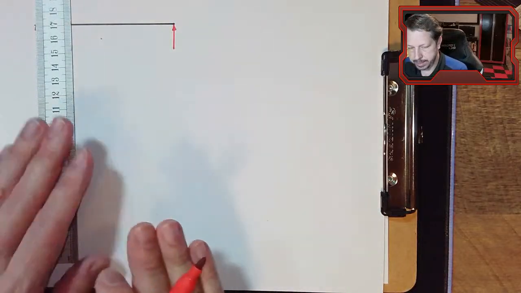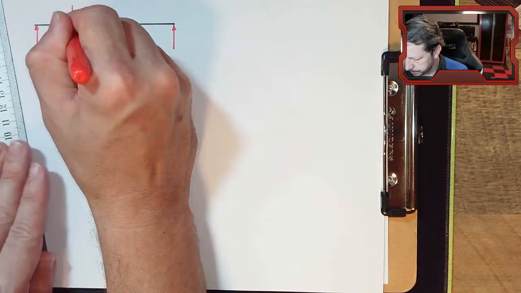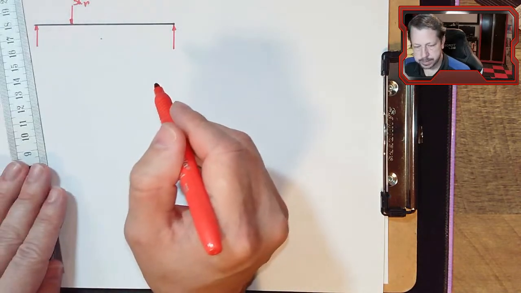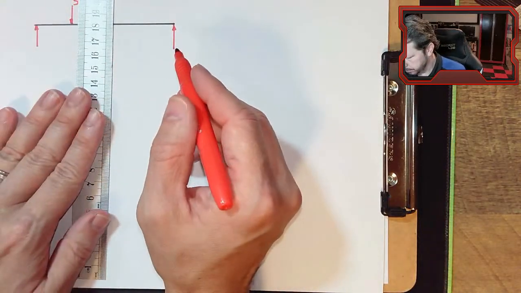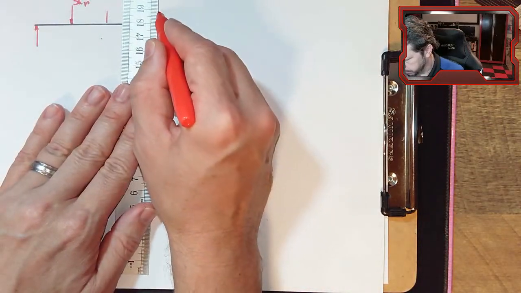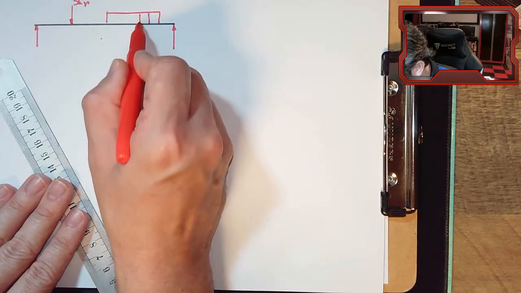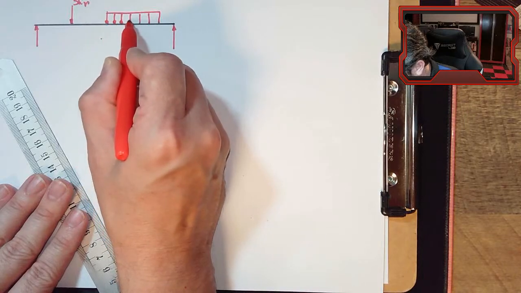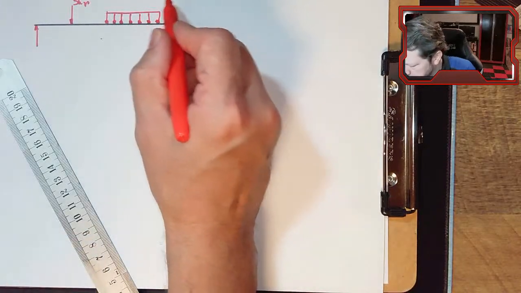And then let's put a 3-kip point load. And then let's put a distributed load somewhere in the middle of the beam, something like that. Let's call it 2 kips per foot.